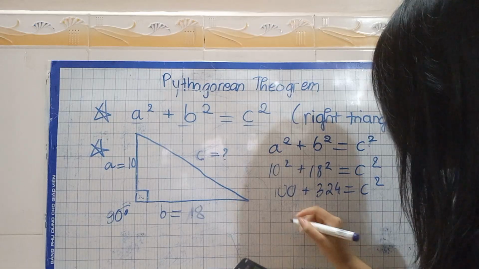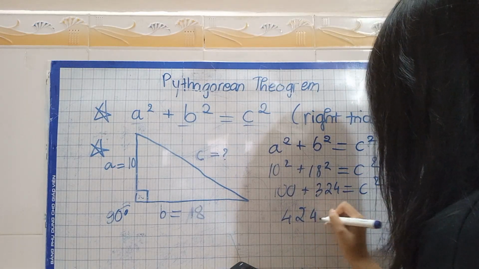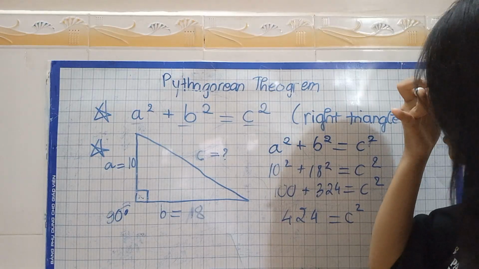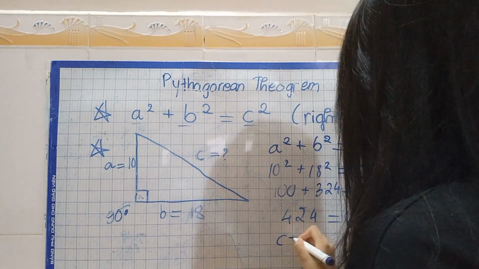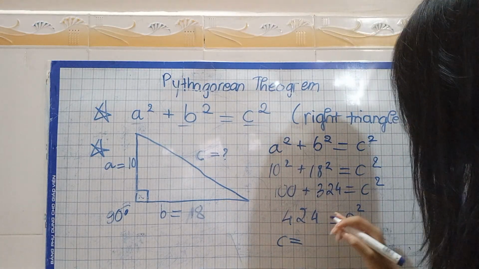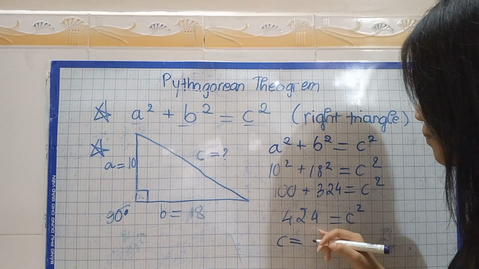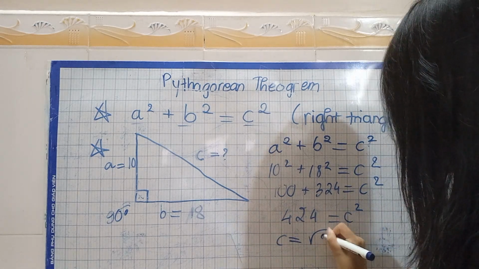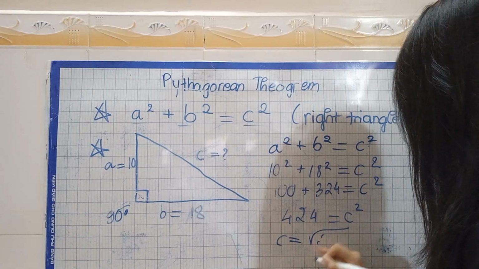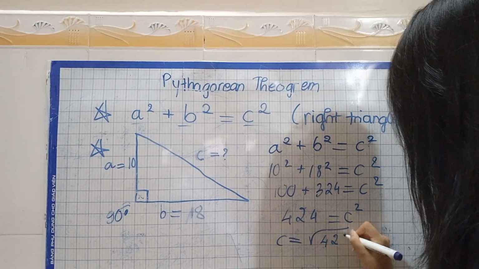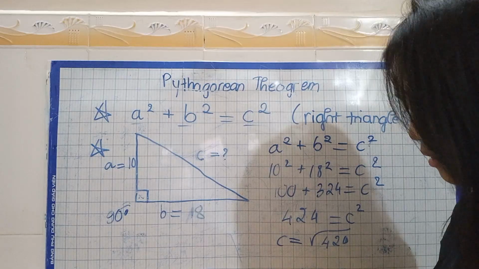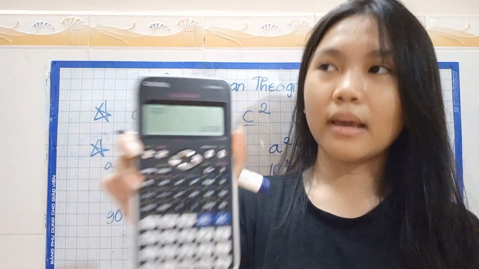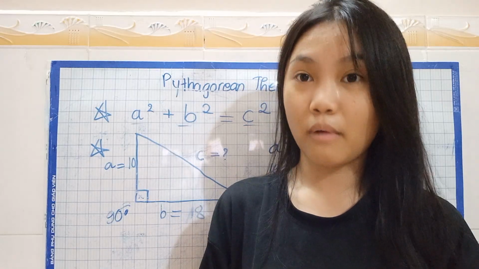So that means that 424 would equal c squared, which means that c will equal the square root of 424. Easy math problem, right? And a lot of times, the result will not be a rational number, but rather an irrational number.